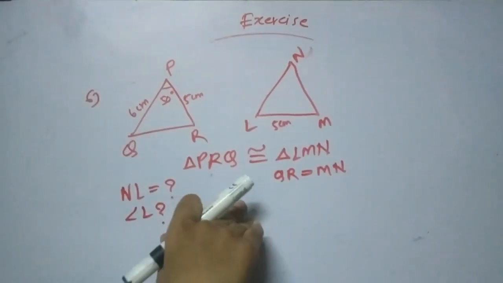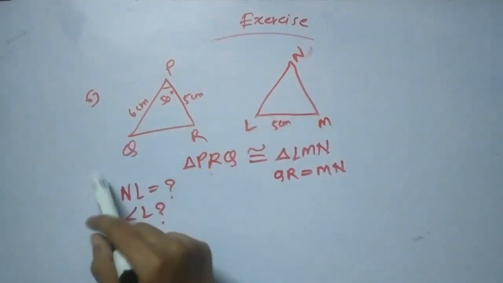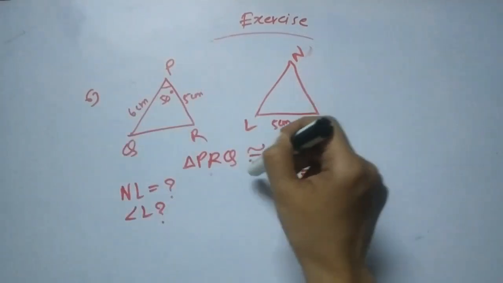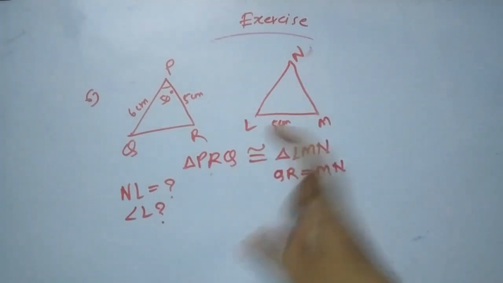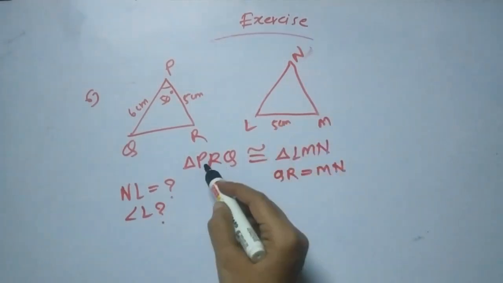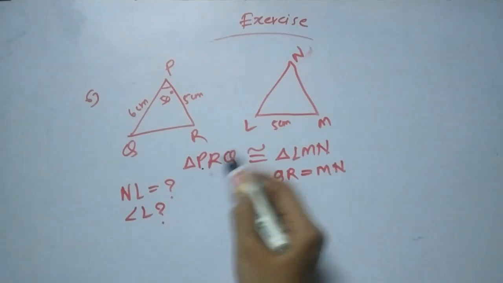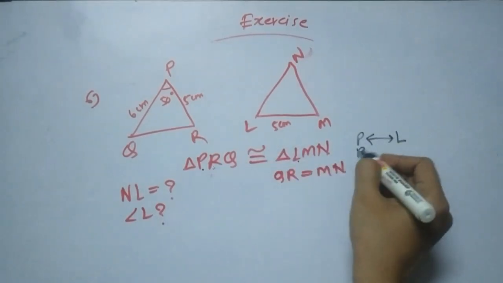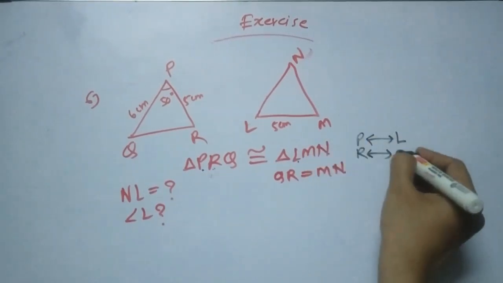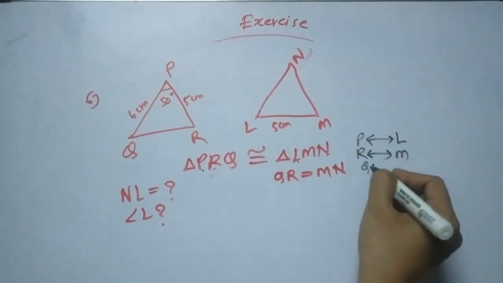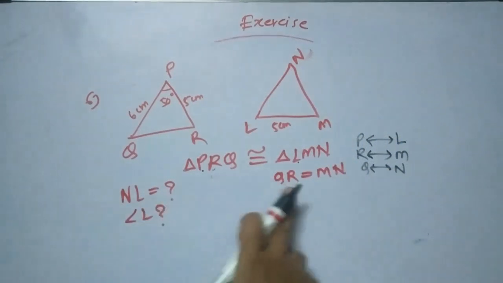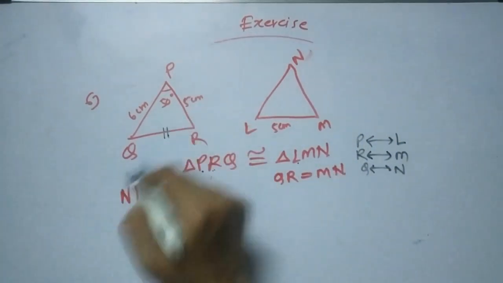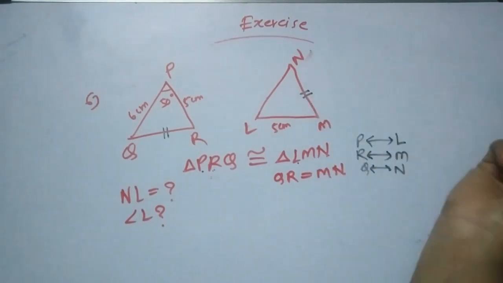Now friends, two triangles are given, triangle PRQ and triangle LMN, and they are given as congruent. So what does it mean? Given that they are congruent, it means vertex P corresponds to vertex L, R corresponds to M, and Q corresponds to N. And given that QR side is equal to MN, suppose this is the QR side, this is equal to the MN side.